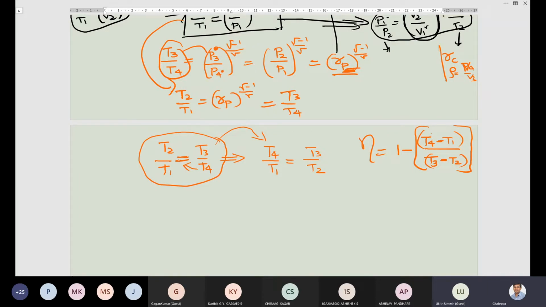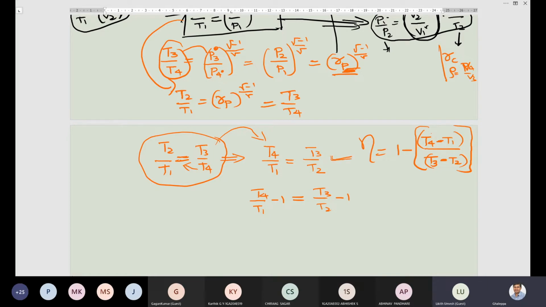Now simple mathematics I will do. I will subtract 1 on both sides. Mathematically I can do it. Here I am subtracting 1 on the left hand side, on the right hand side also 1. So it doesn't make a difference to this equation.